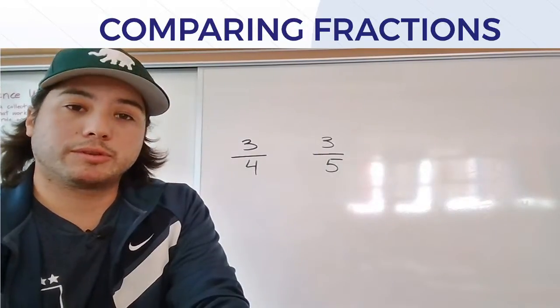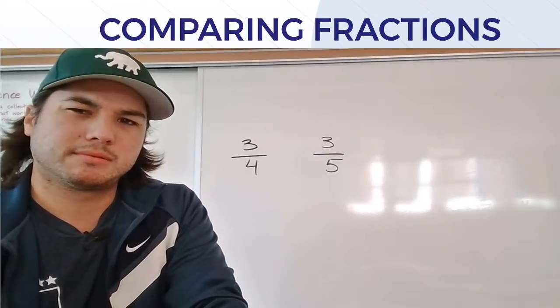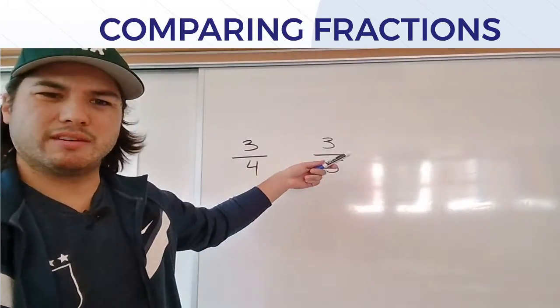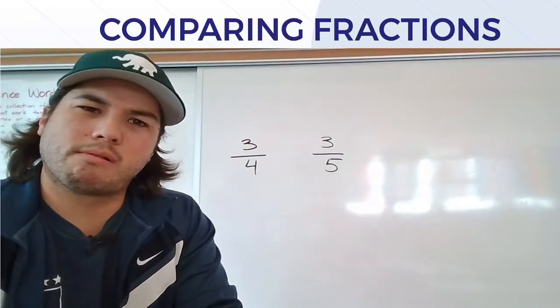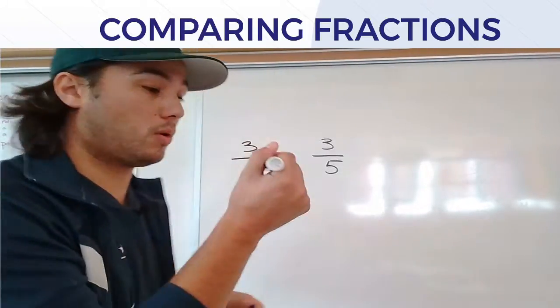This one can be a little trickier because we've got the same number of pieces. If you've got 3 pieces, I have 3 pieces, aren't these equal? No. And let me show you why.